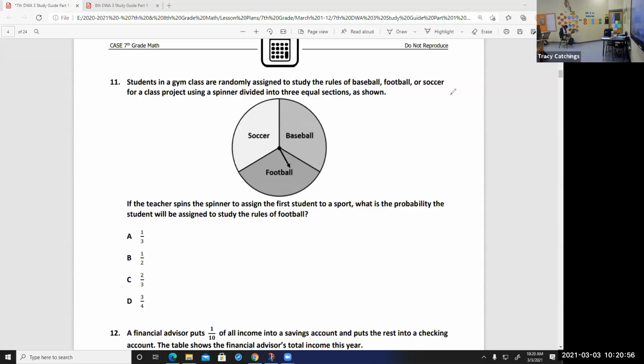A class project uses a spinner divided into sections. All right, drop down to the bottom under the picture. If the teacher spins the spinner to assign the first student a report, what is the probability the student will be assigned to study the rules of football? Somebody say something. What's your rationale? Well, you get 1/3.